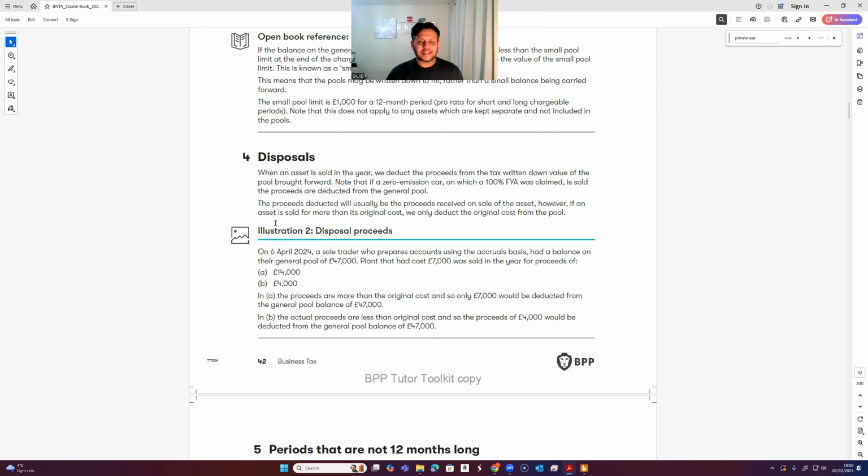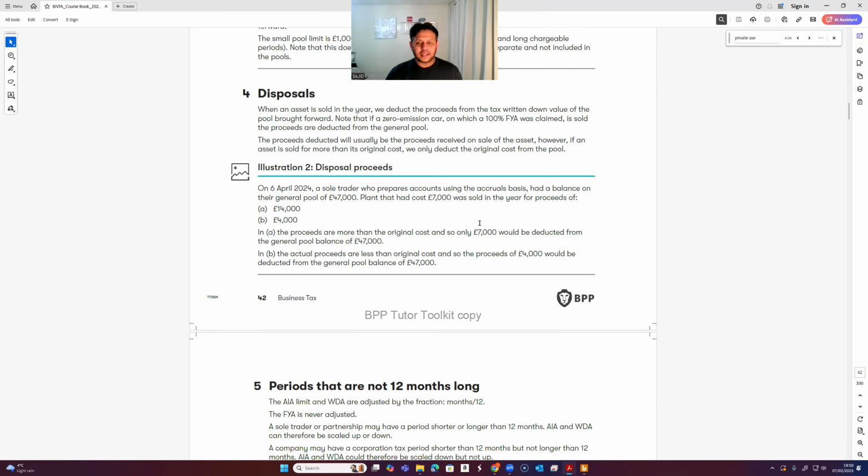However, if an asset is sold for more than its original cost, we only deduct the original cost from the pool. So what they're trying to say here is that sometimes we can sell the asset for more than the cost, sometimes less than the cost. If we sell for more than the cost, we only deduct the original cost. Let's have a look.